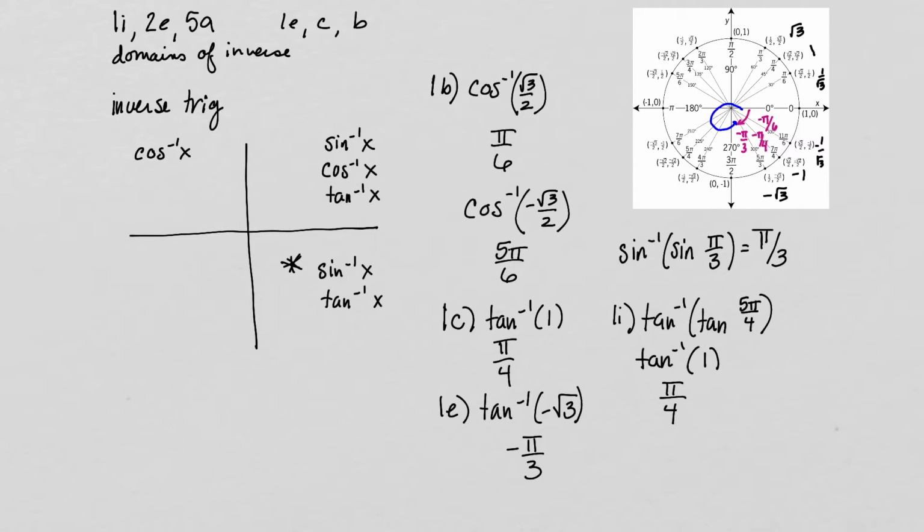Okay, so the question about here, if you have an inverse sine and a sine, if it was inverse sine of sine of 5 pi over 4, then yeah, you would have to do the same thing. If you're doing an inverse sine and a sine and the angle in here is somewhere in the second or the third quadrant, then yes, you have to do it the same way.